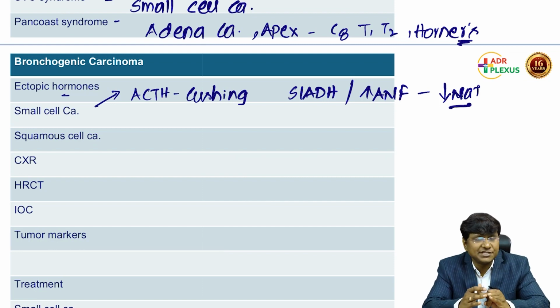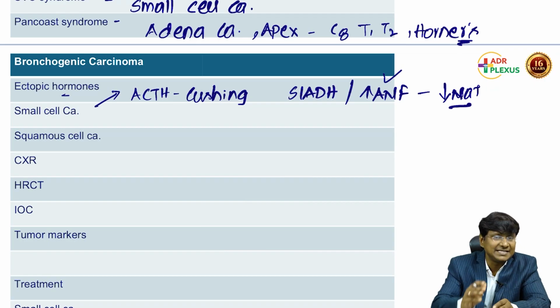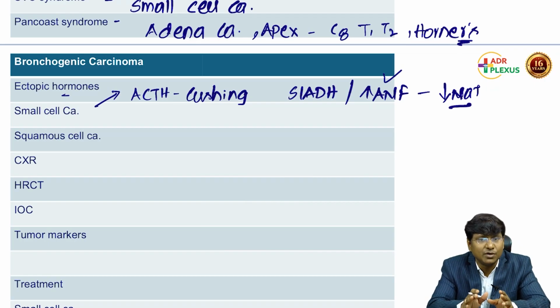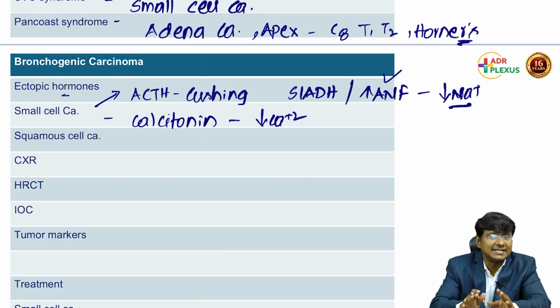So in SIADH and in the condition where there is increased atrial natriuretic factor, that will result in the development of hyponatremia, right? The next important one is that small cell carcinoma will also produce calcitonin, and because of the production of calcitonin, these patients will develop hypocalcemia.